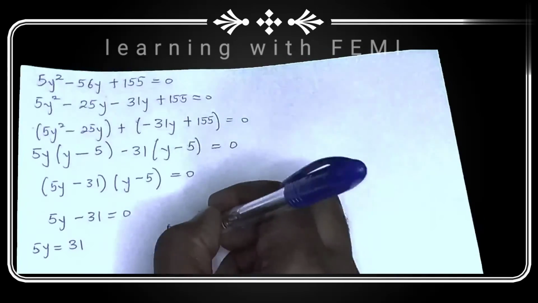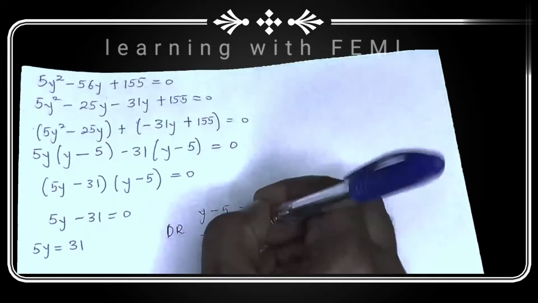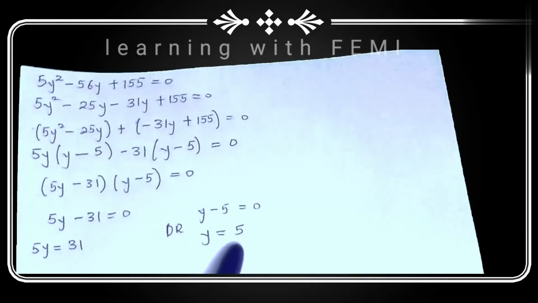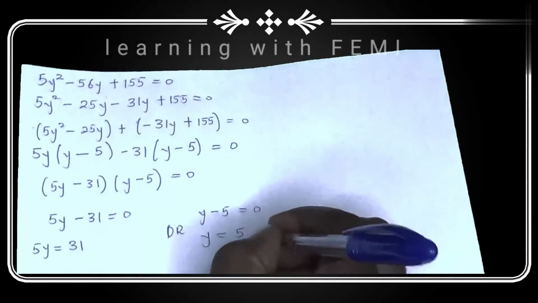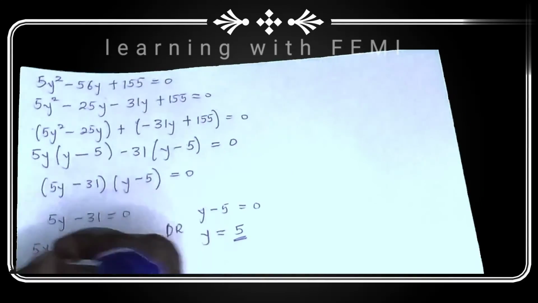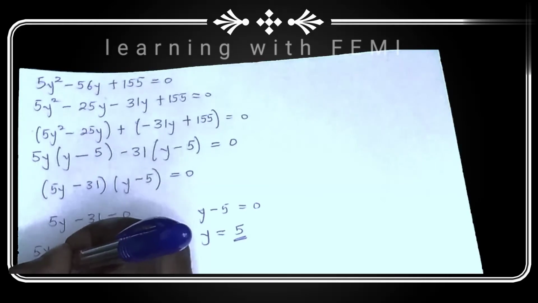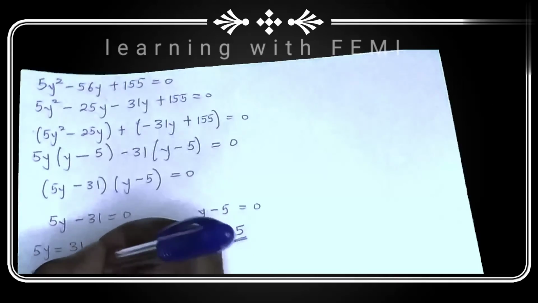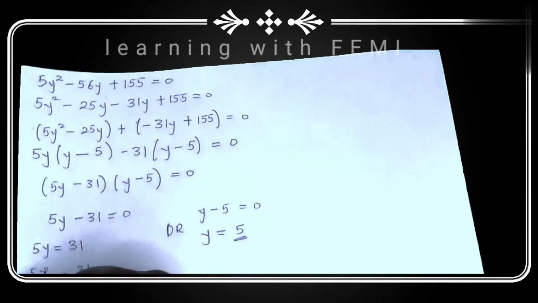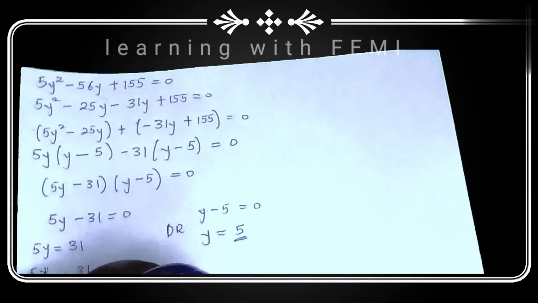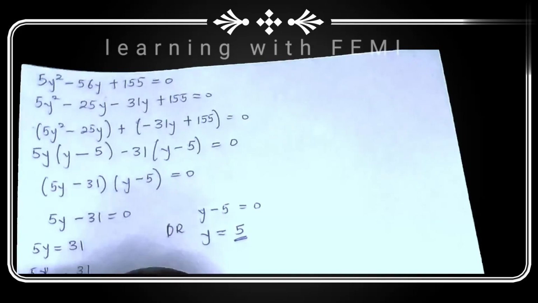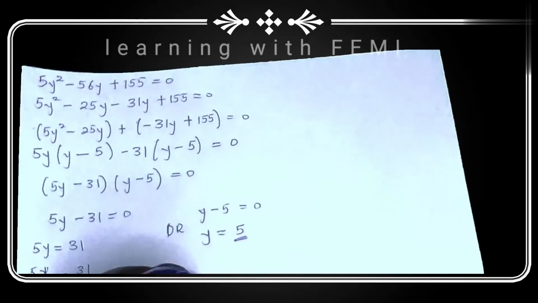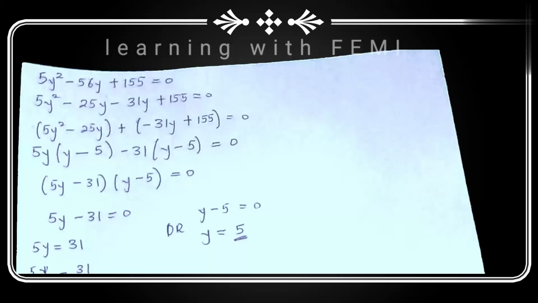At the same time, we carry this negative 5 to the other side to have y equals 5. Now, 5y equals 31 means if we divide each side by 5, we have y equals 31 over 5, while y is equal to 5 in this place.